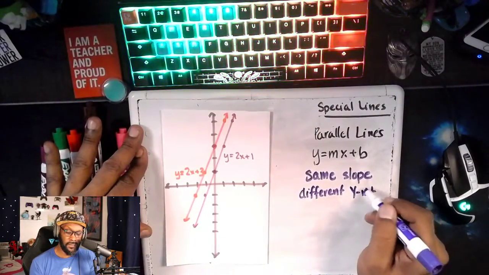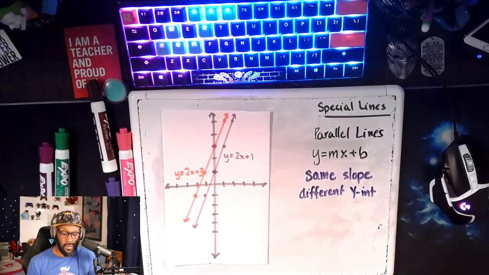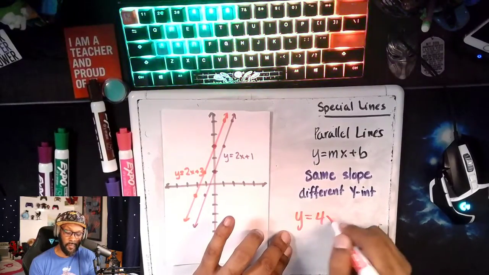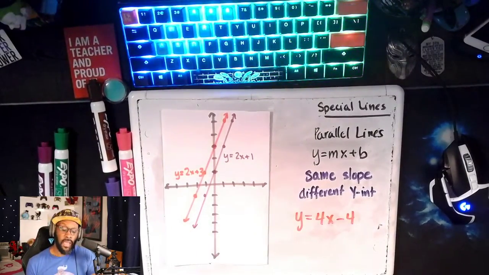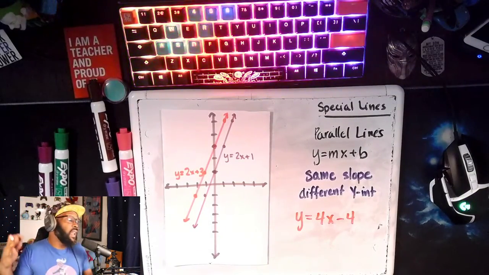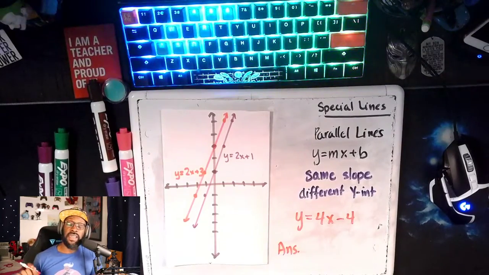y-intercept. So if I gave you an example, said, here's an equation of a line, for example, 4x minus 4, and I wanted you to write me any equation of a line that is parallel to this.